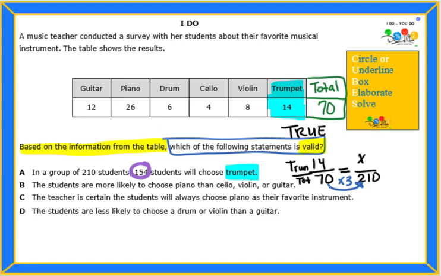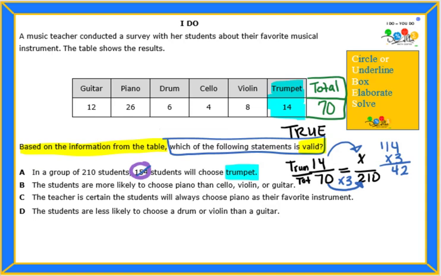So I know that to get from my first ratio to the second ratio, there is a factor of 3. 70 times 3 gave me 210. So 14 times 3 will give me x. And I don't think that's going to be anywhere near 154. That will be 42. So this is not true.